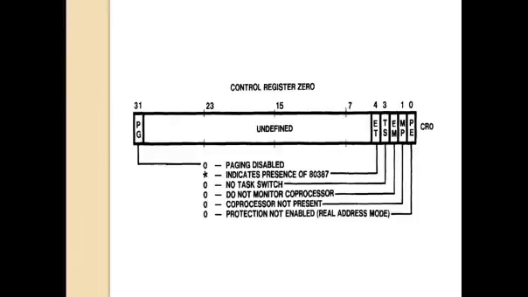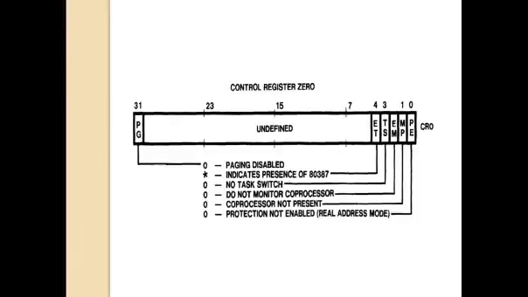If the MP bit, second bit, is 0, it means coprocessor not present, so there is no 287 or 387. Third bit is EM, it decides whether to monitor the coprocessor or not. That means whether we are going to check the execution of coprocessor instructions, whether coprocessor is in running mode or not. By using EM we can decide whether to monitor or not.